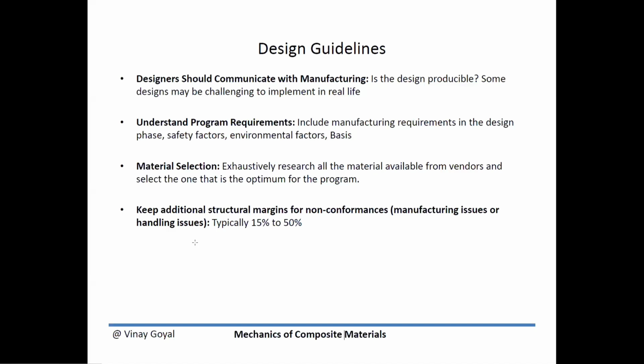Material selection requires you to do a lot of work as well. Before you just select a material, make sure that the vendors have enough availability. Make sure that you've done exhaustive research of all the material available from the vendors and select the best one for you. Just because you use composites doesn't mean that everything will be simple. In fact, more likely than not, things will get complicated due to manufacturing errors and many things like that.